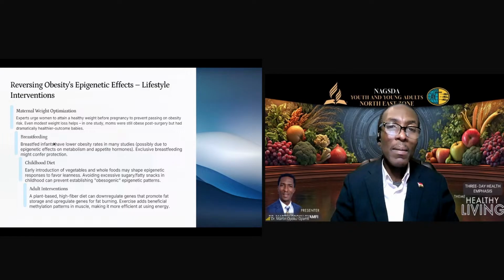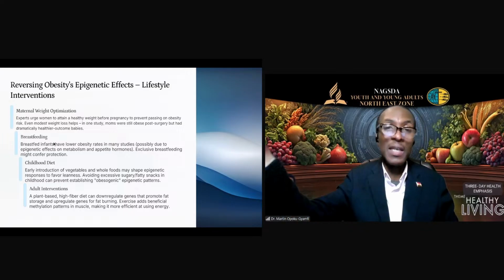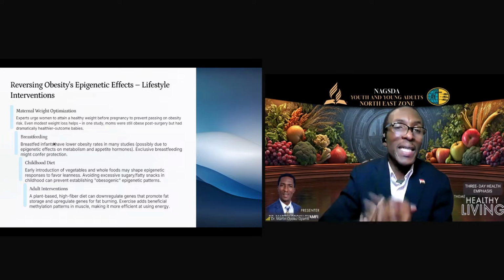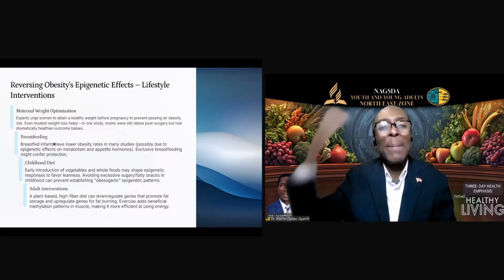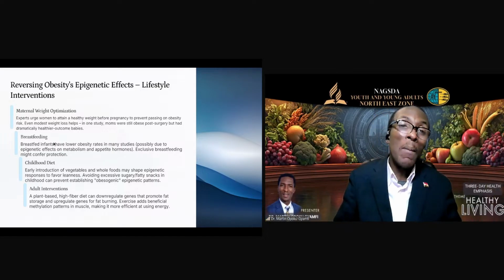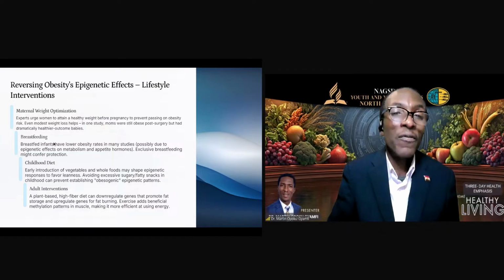So basically, the idea is what? The weight optimization. If you are a mother breastfeeding, children who are breastfed have a lower obesity rate in the future because exclusive breast milk creates positive epigenetic tag effects on metabolism compared to formula-fed or cow-milk-fed.